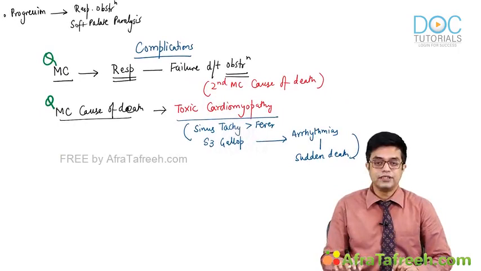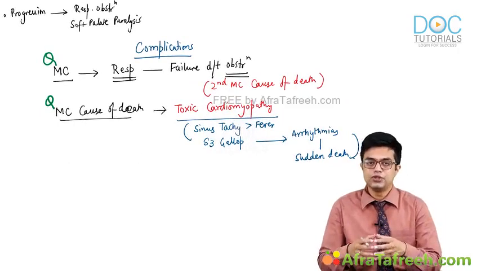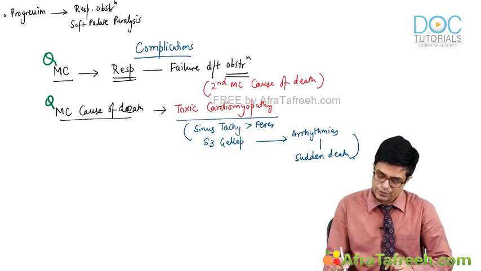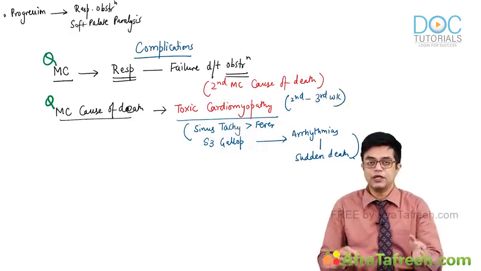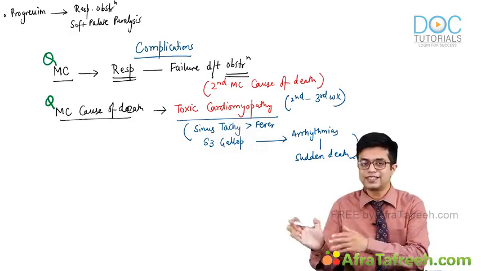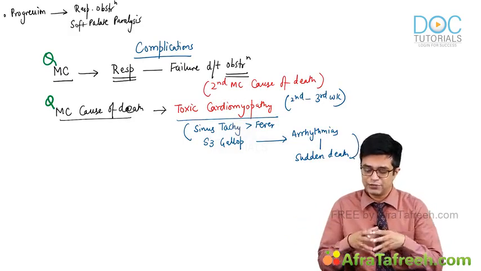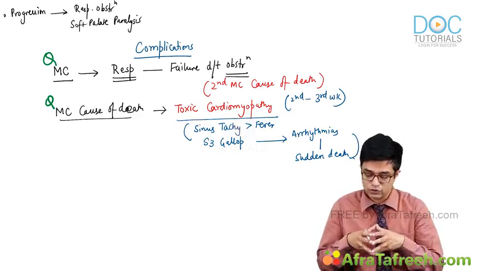Toxic cardiomyopathy does not develop immediately, it usually tends to develop between the second to third week of illness. Although it has been described in the first week also, and in the 5th or 6th week also, this is the time during which toxic cardiomyopathy tends to develop.